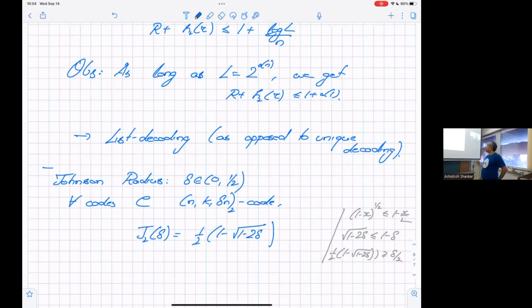So for delta greater than half, the point is it might be defined, but the code is such a useless code. The code has so few codewords, only n plus 1. Just go over the whole list and find out which is the closest one. It's not a hard problem in those cases, so it's not interesting. The code space itself is polynomial. It's not that it's not doable, it's just trivial.